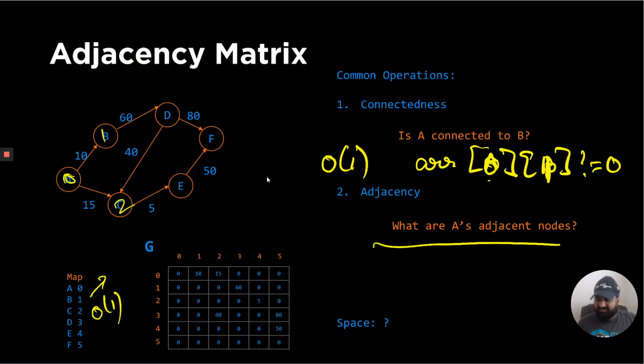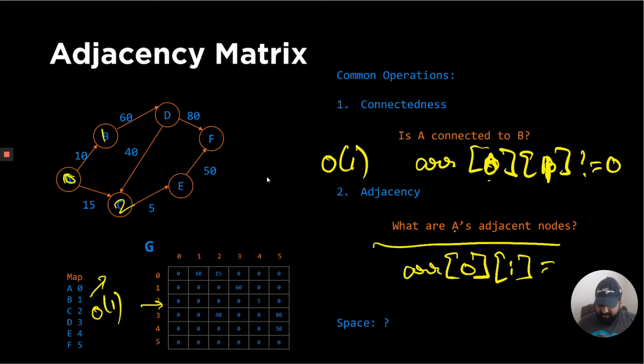What are A's adjacent nodes? To find A's adjacent nodes, you still have to go to the row of the from vertex, so you do something like ARR of 0, and then you have to traverse this loop through all the vertices and check whether each of the vertices is 0 or not.